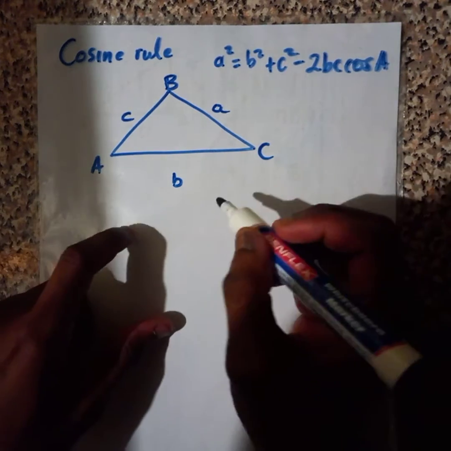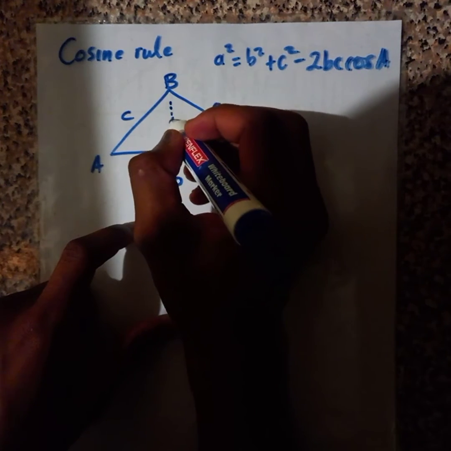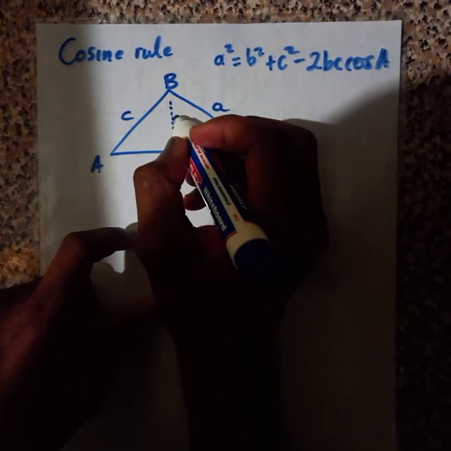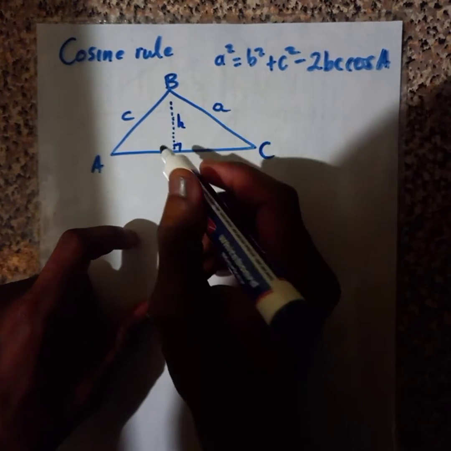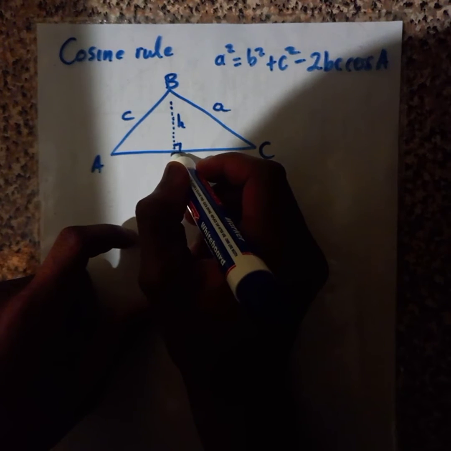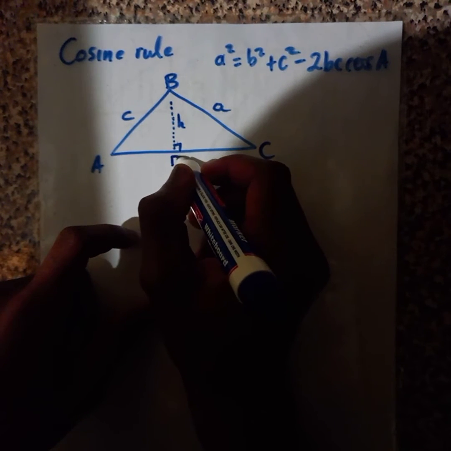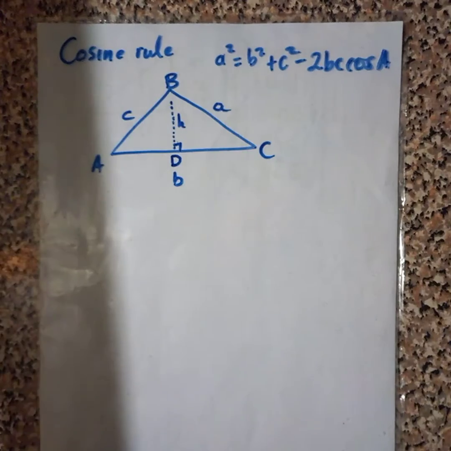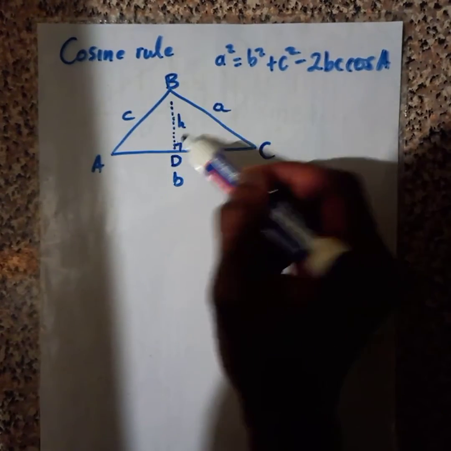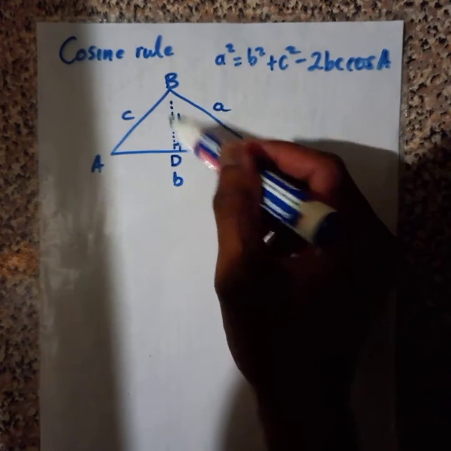First we are going to start with the construction of the perpendicular height h. Let's call this point D. Then now we have triangle ABD, same as CBD.